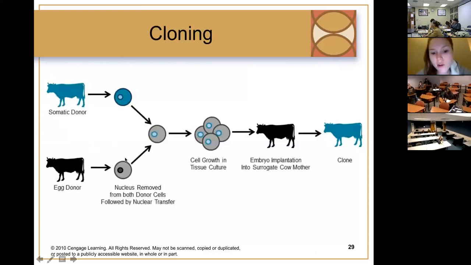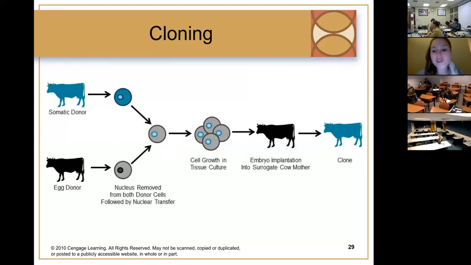Those two come together to form that combination, and then those cells are grown in a tissue culture. Then you take that embryo and implant it into a surrogate mother, and that will go to term and give you your cloned animal, which will have similar qualities to the somatic donor. So that's visually how that works.